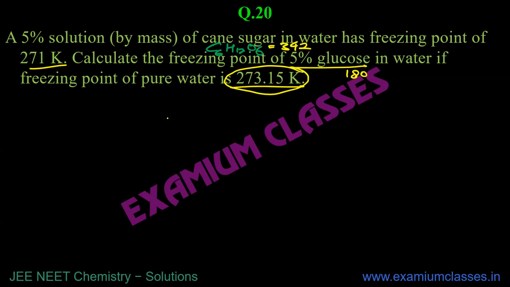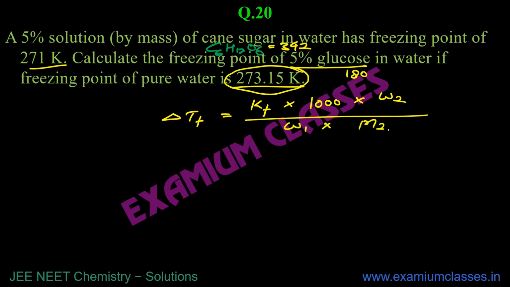Okay, so you have in first case delta TF equals KF into 1000 into W2 divided by W1 into M2. Isn't it? Right? In first case. And what will be delta TF?